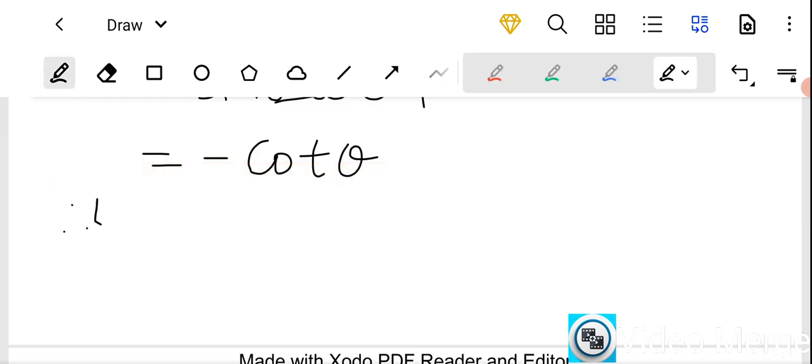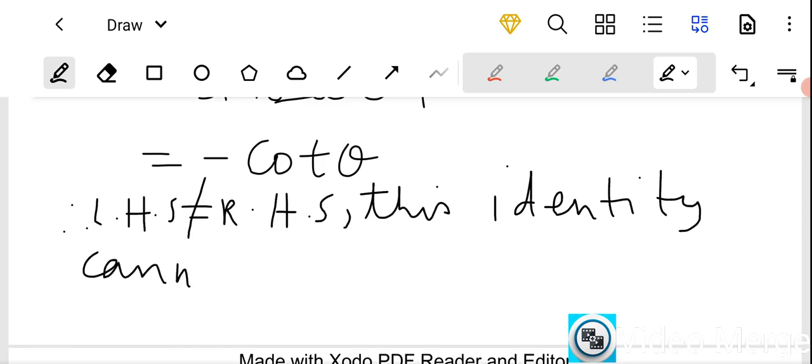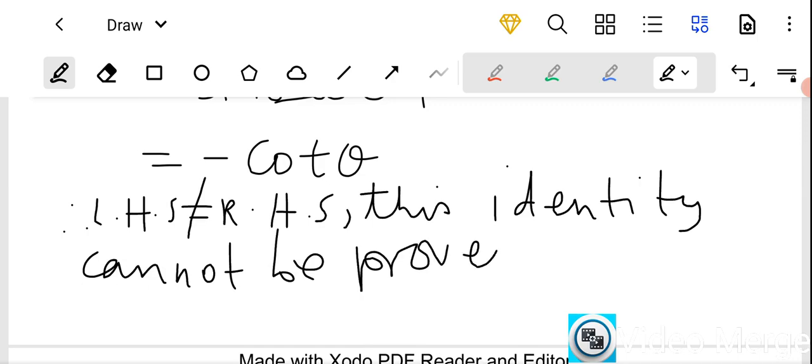Therefore left hand side is not equal to right hand side, so you write it like that. This identity cannot be proven. Simple as that.